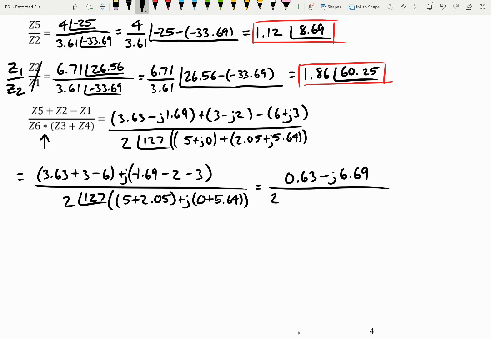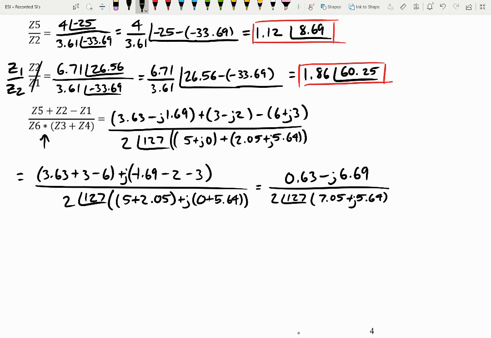And when we do that, we'll get 2 at 127, over 7.05 plus 5.64j. Okay, cool. So we simplified it down just a little bit. Awesome.